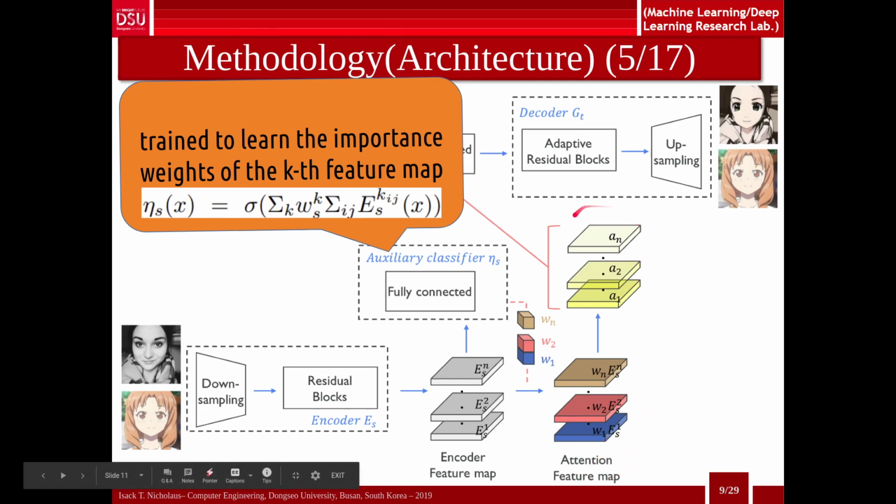We will see this in more detail in the next slide. So the function of the auxiliary classifier is to learn the important weight of each feature map of the given encoder output, pass it to some activation function, get the important weight, then use it to generate the attention map for each given encoder feature map.